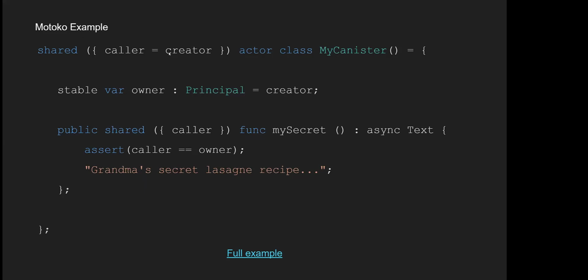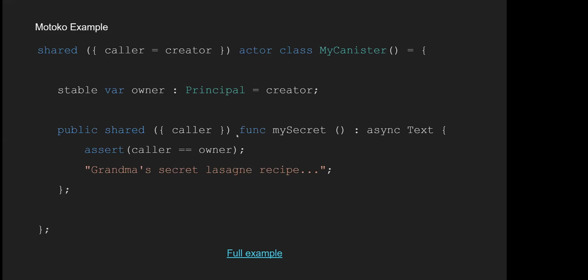We're unpacking the message parameter that gets sent along with shared function calls, shared actor calls, to capture the caller parameter out of it. Then we cast that into the creator variable, so that wherever we reference this variable in our contract body, it's under a name that's explicit about what it is.